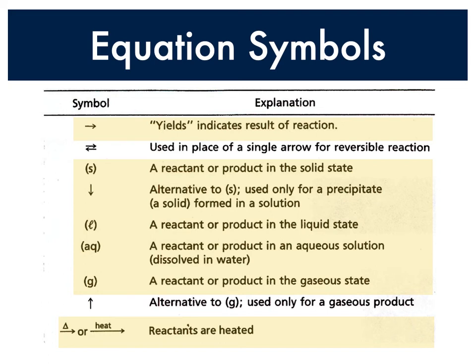A precipitate is when you mix 2 solutions and they produce a solid because one of the products is for some reason insoluble in water. So a down arrow is another way to designate a solid product.